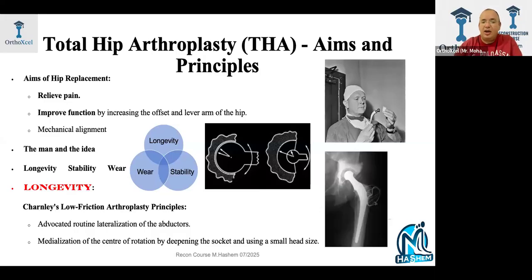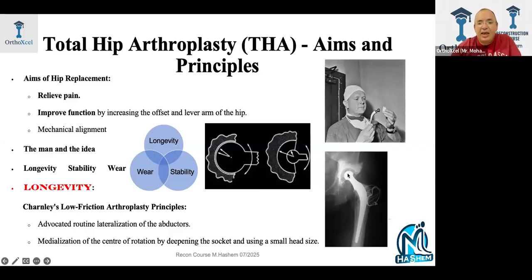And when you look into Charnley stem, this is the Charnley stem. So the idea of Charnley was he was doing a cemented cup, and he was doing a cemented stem. And his idea was he needs to get a whole stable construct. And this stable construct lives for as long as possible.